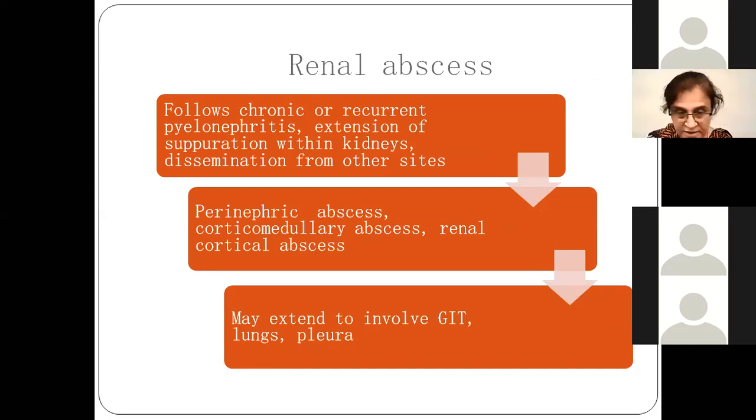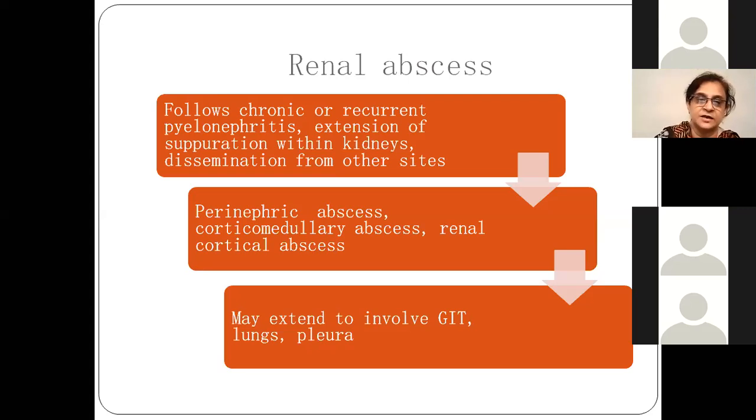Then the renal abscesses. Renal abscesses are formed after chronic or recurrent urinary tract infection or pyelonephritis. These infections can further disseminate into the surrounding areas around the kidneys and form perinephric abscesses.